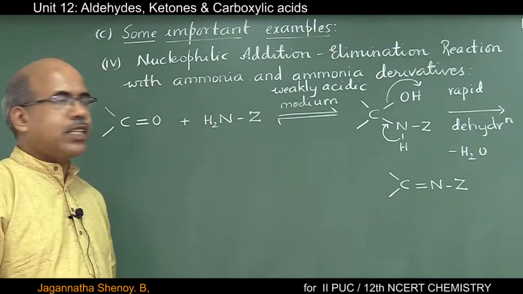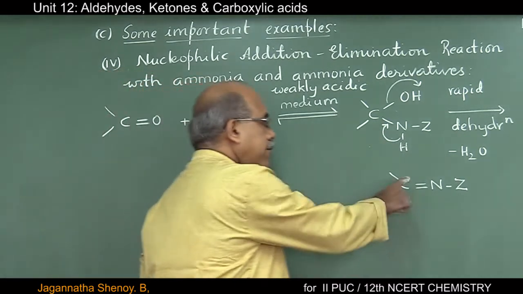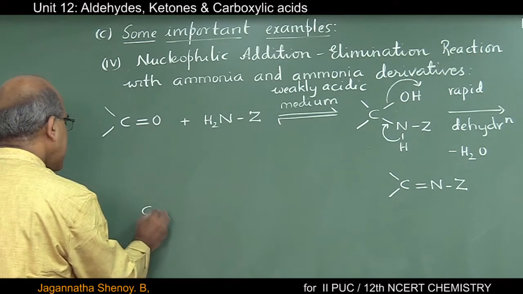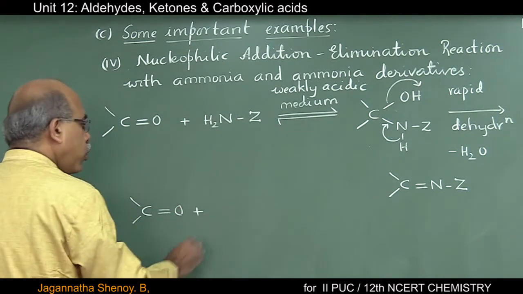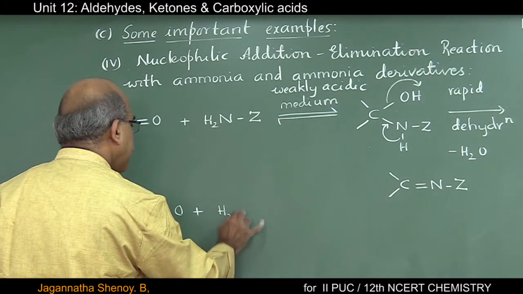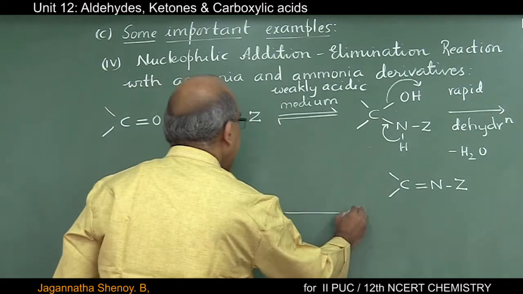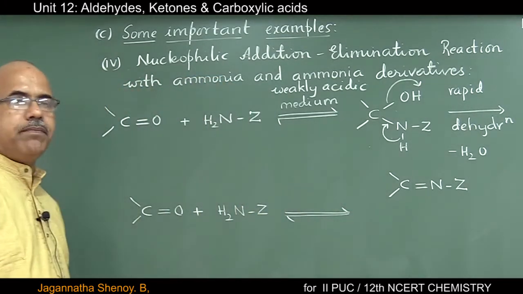In other words, if you look at the starting substances and the final product, what is the net equation that I can write? I'll have the carbonyl group like this, and the ammonia derivative, which I'm going to write as NH2Z. The reaction has to take place in weakly acidic medium.